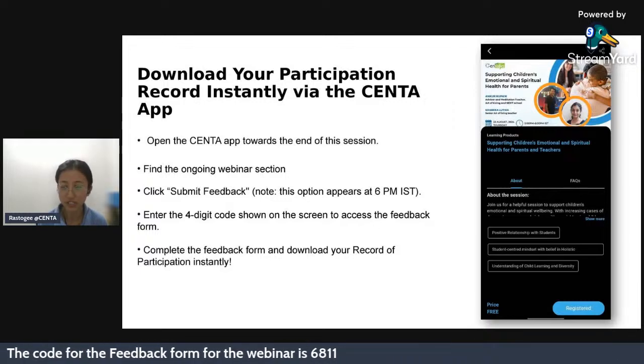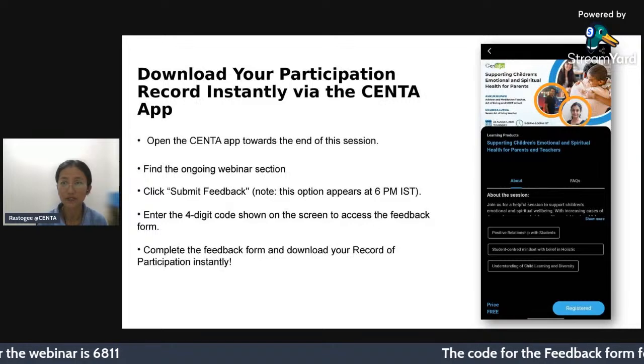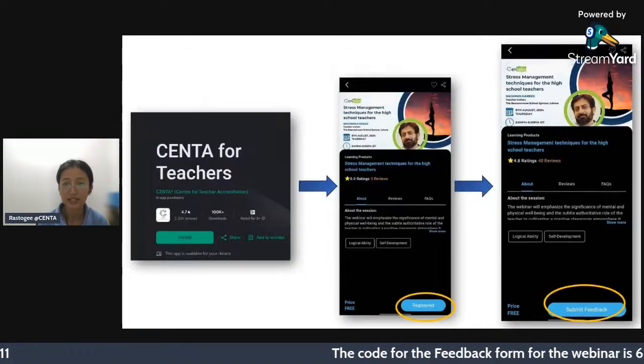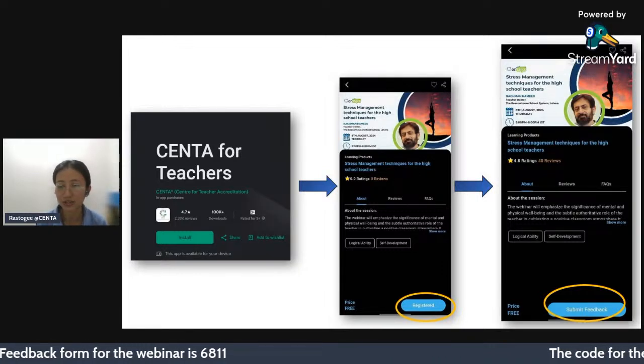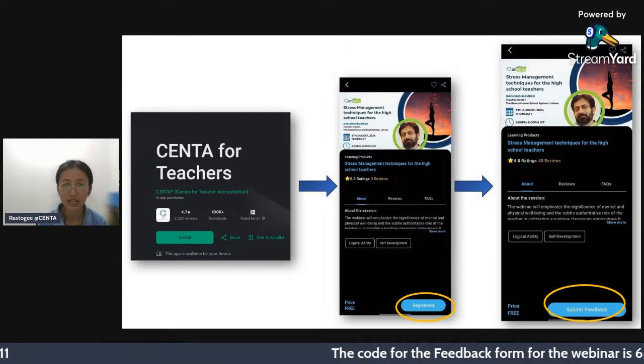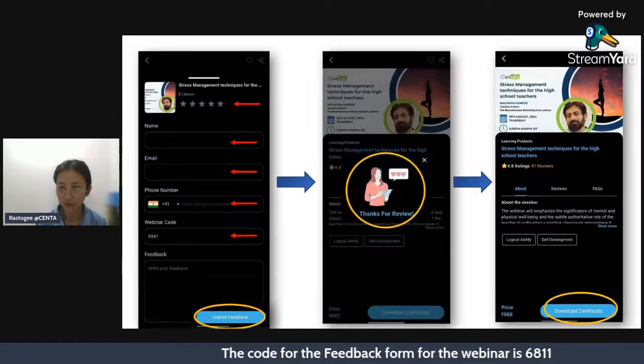If you have registered for the session, go to the CENTA app, go to the webinar where you have registered, and you can see that after 6 p.m. the registered button will have changed to a submit feedback button, just like it is shown on the screen. Once you press on it, it will direct you to the feedback form.